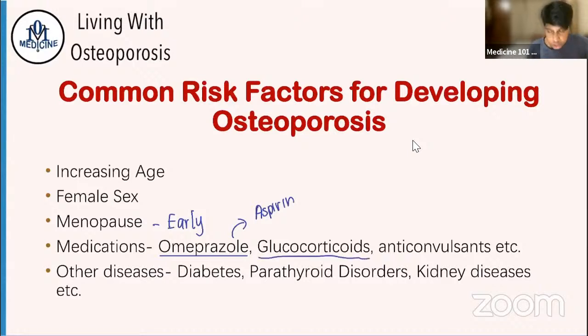Then if you have rheumatoid arthritis, or if you have any kidney conditions, you will be prescribed these glucocorticoids. And if you have a history of fits, if you are using any medications to treat fits, then you are more at risk because there's going to be increased bone breakdown.